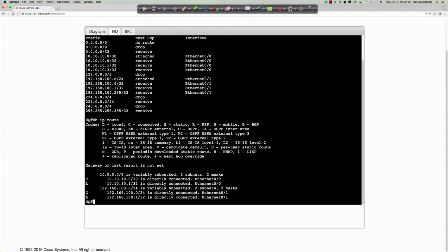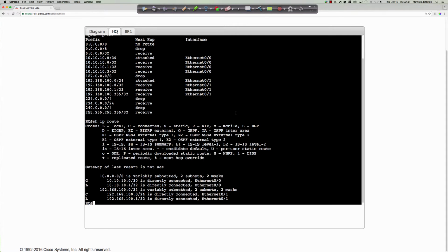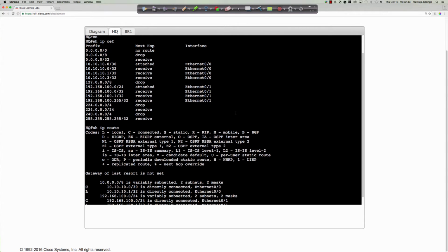But as you add routing information, or if you're running a dynamic routing protocol like EIGRP, you're going to see those new entries populate in the FIB. Because if there's an entry in the RIB, it will have a corresponding entry in the FIB when you're doing CEF switching. Okay, so that is show ip cef. Super straightforward, right?